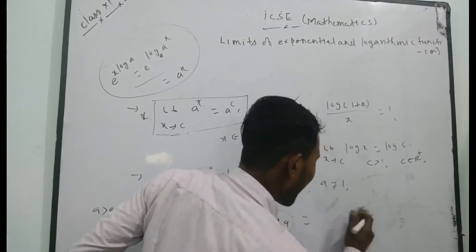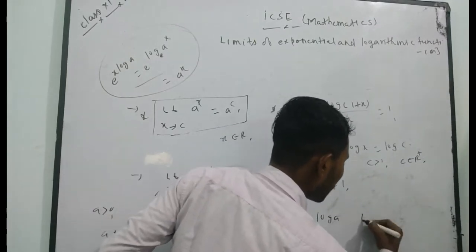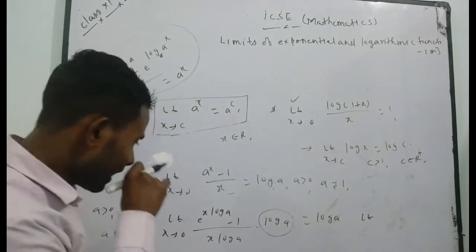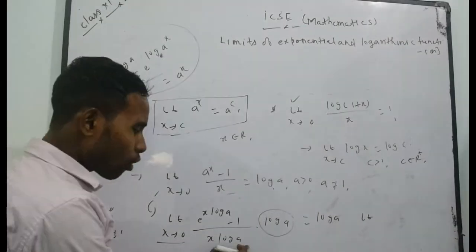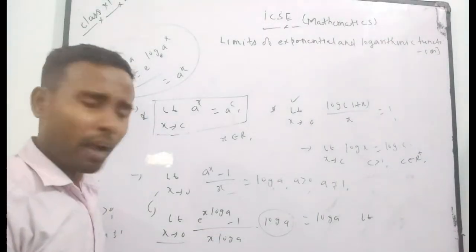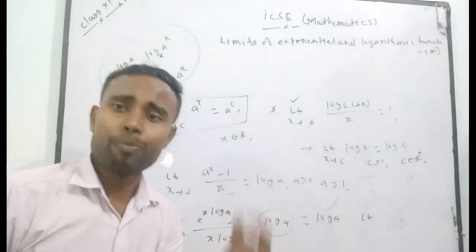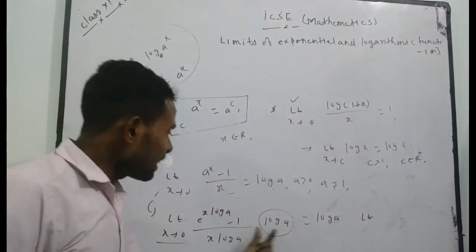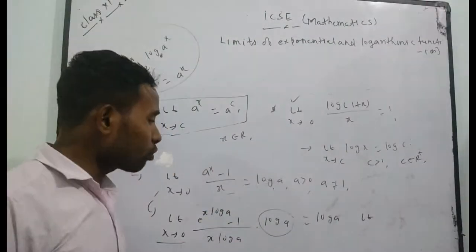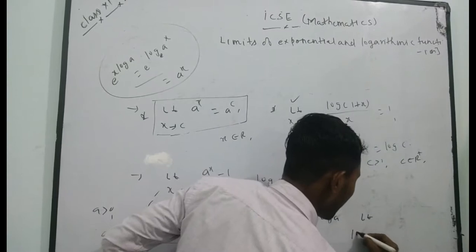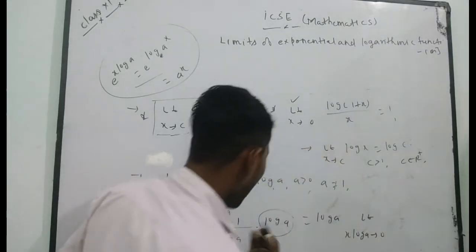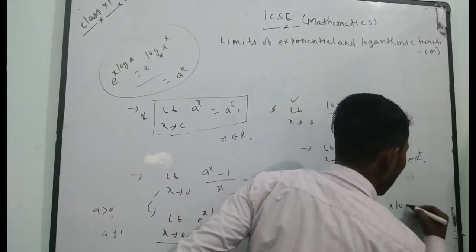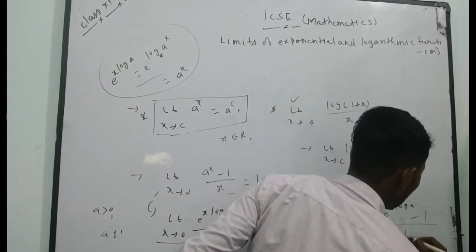But before writing it, if x approaches 0, can you say that log a times x also approaches 0? Why? Because log a is a constant. So x times log a also approaches 0, and it becomes (e to the power x log a minus 1) divided by x log a.